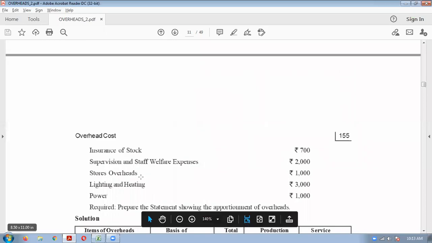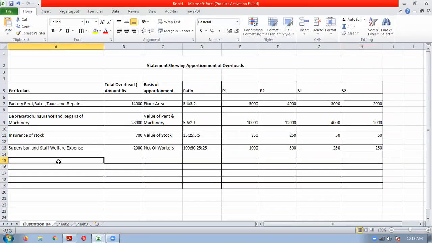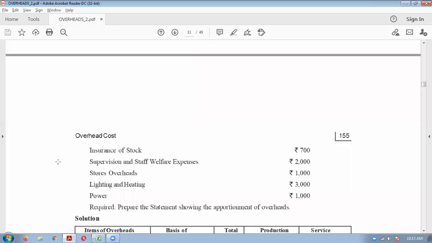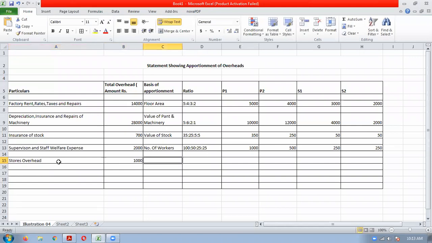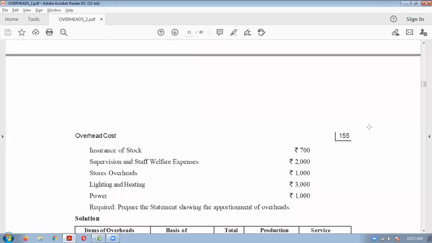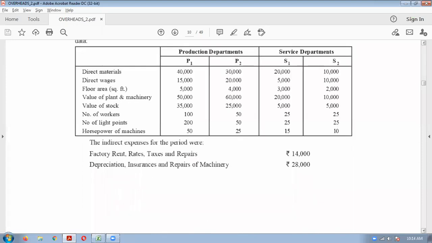Now next, indirect expenses, stores overhead. How much? Stores overhead 1000. Now we have to check the base. Stores means what? Stock. So for stores overhead, we can take the value of stock as the base.